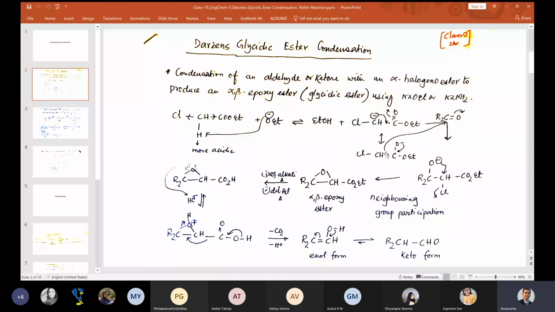That is another difference. The first difference is we have a chlorine instead of a hydrogen here, and second is we take a ketone. So this enolate reacts with this ketone to form this sort of species. Now this O minus attacks as a neighboring group participation sort of mechanism, and then this chlorine leaves. So you get an alpha beta epoxy ester. This particular molecule is known as glycidic ester.